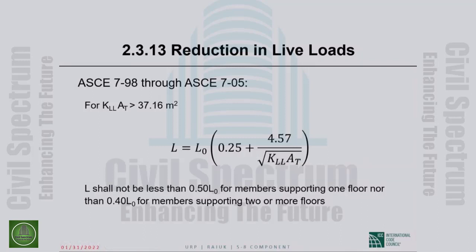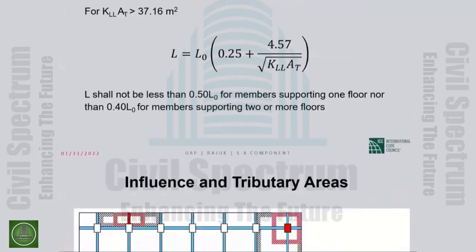So the influence area now was this K sub LL times the tributary area. L shall not be less than 50% of L sub 0 for members supporting one floor as before, nor less than 40% of L sub 0 for members supporting two or more floors.